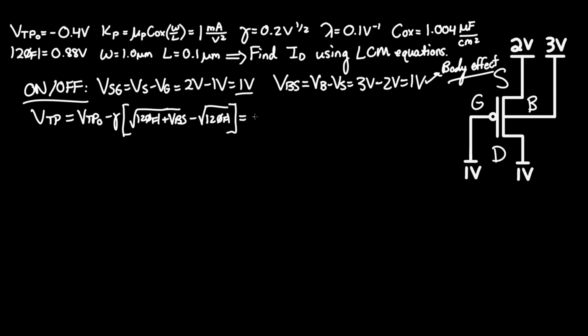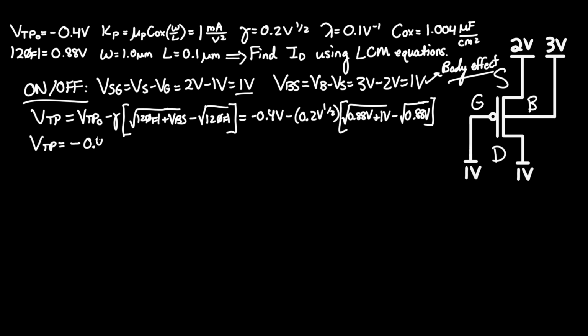Plugging in the numbers, we get VTP0 of negative 0.4 volts minus gamma, which was 0.2 volts to the 1/2, times the square root of 0.88 volts, plus 1 volt for VBS, minus the square root of 2 phi f once more, 0.88 volts. Closing the brackets, we get a VTP equal to negative 0.487 volts.